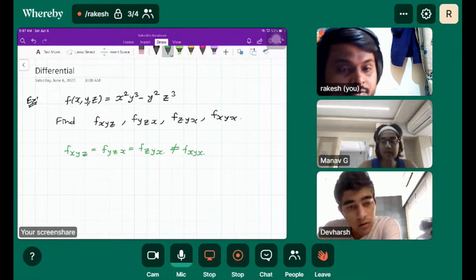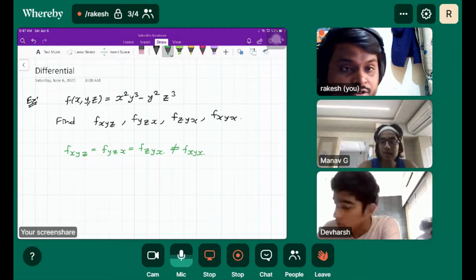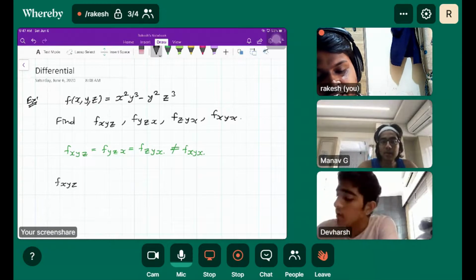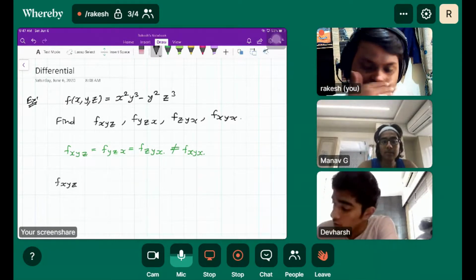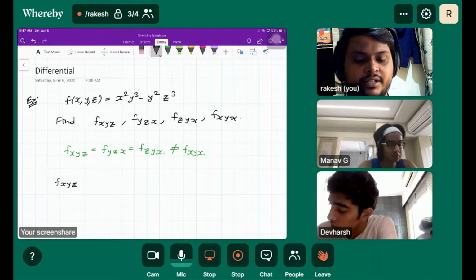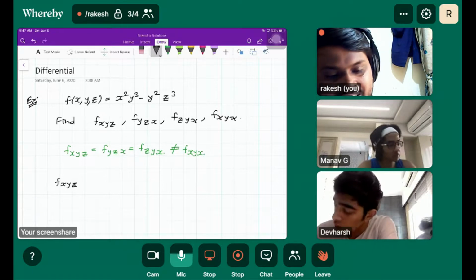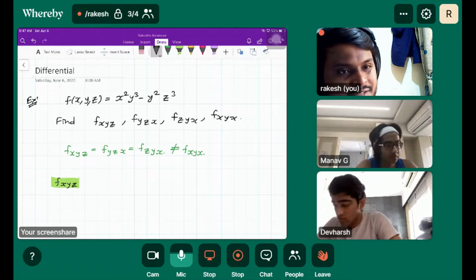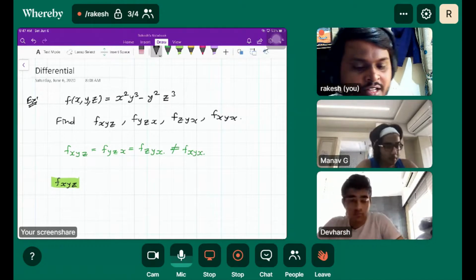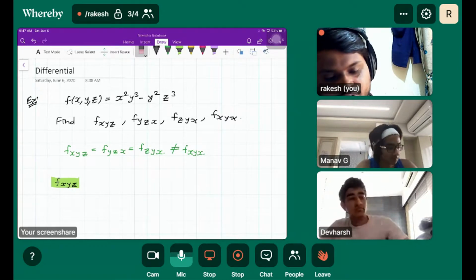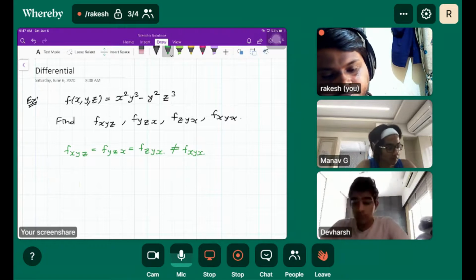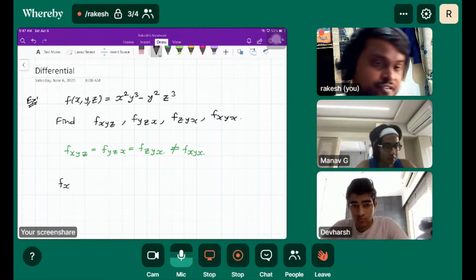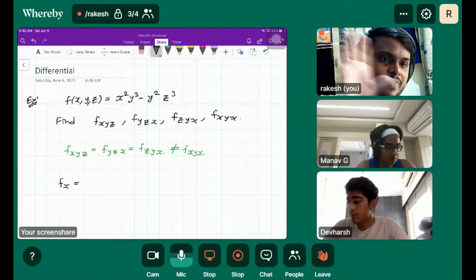Sir, I forgot the meaning of this notation. See, f_xyz is basically differentiating the function with respect to x first. Let me solve one for Mano. We'll differentiate the given function with respect to x first, keeping y and z constant.